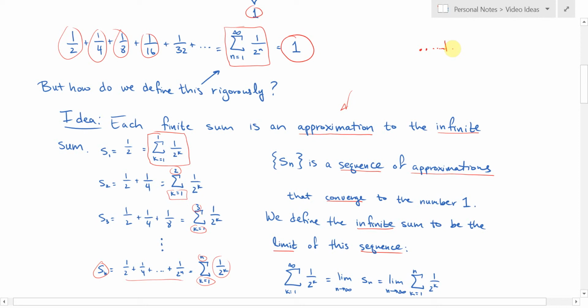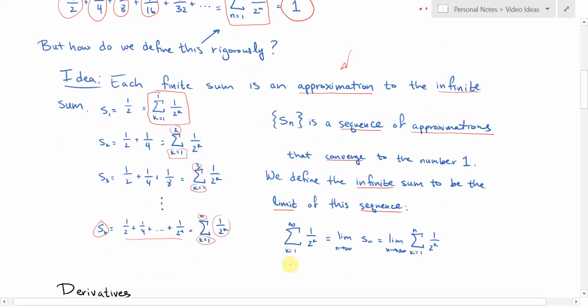And in this case, the sequence Sn, as I've defined it, with n steps rather than infinitely many steps, converges to the number 1. So we define the infinite sum to be the limit, the thing to which this sequence converges. So that's the definition right there.